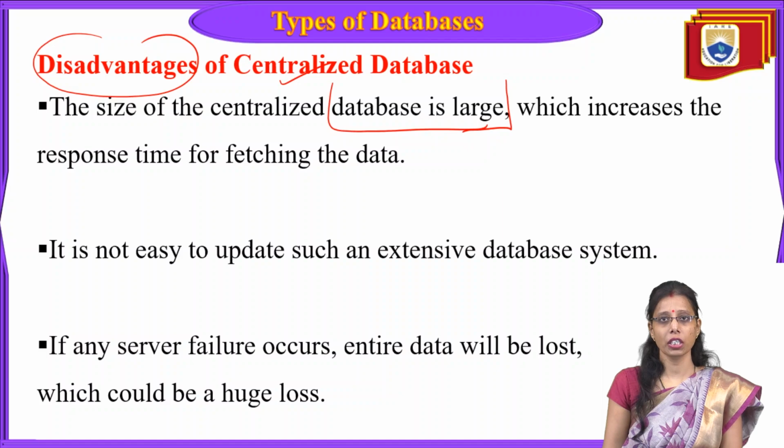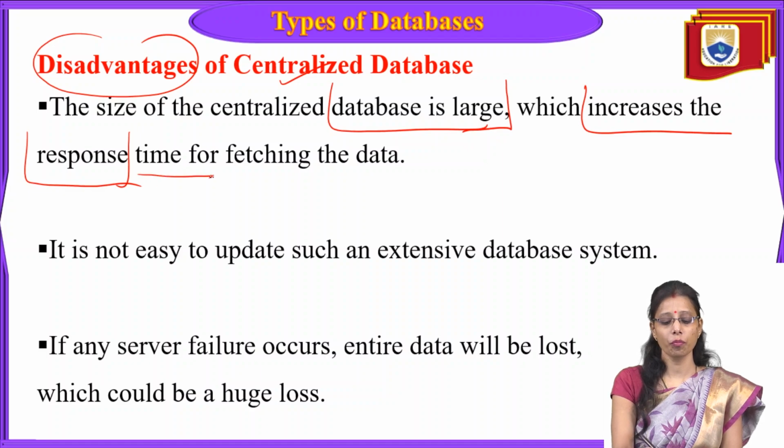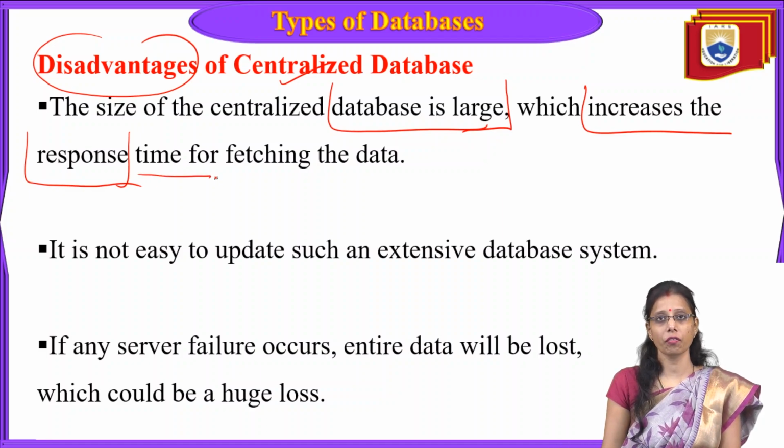When you click a query, the time taken to fetch the data will be more. For example, what opens in 1 second may take 5 or 10 seconds, because the load on the server will be more. That is the disadvantage of the centralized database, because all the huge amount of data is centralized in a common server.